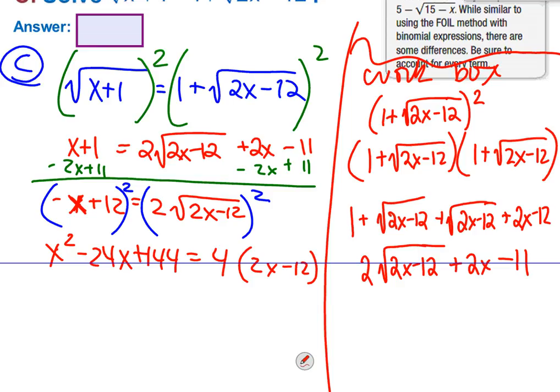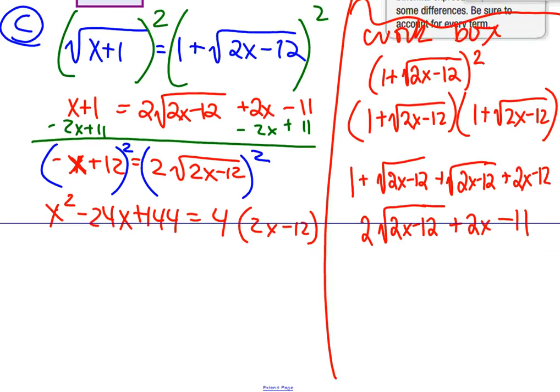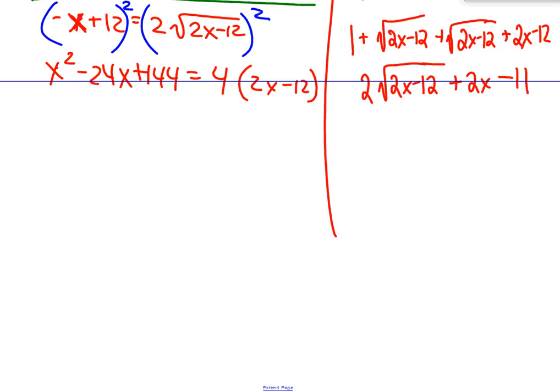And now it's just back to what we've looked at before. And if I remember right, this is kind of an ugly problem, but that's okay. So x squared minus 24x plus 144 equals 8x minus, what's 4 times 12? 48.